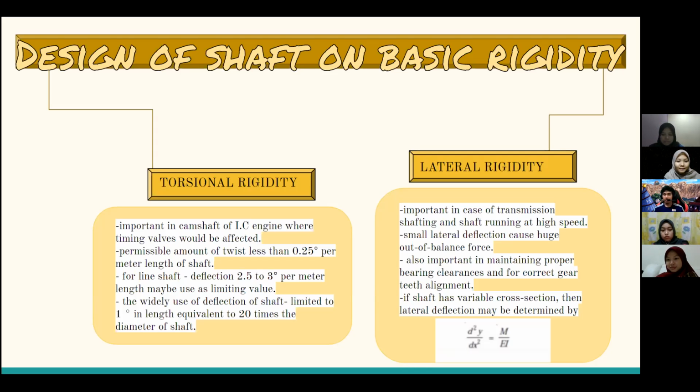The permissible amount of twist has to be less than 0.25 degree per meter length of the shaft. For line shaft, a deflection of 2.5 to 3 degrees per meter length may be used as a limiting value. Widely used, the deflection of shaft is limited to 1 degree in a length equivalent to 20 times the diameter of the shaft itself.